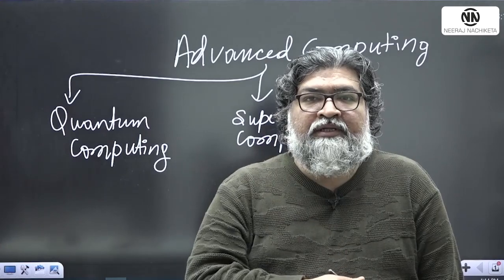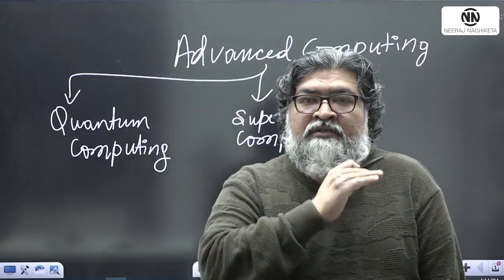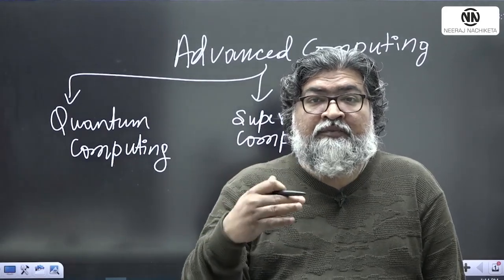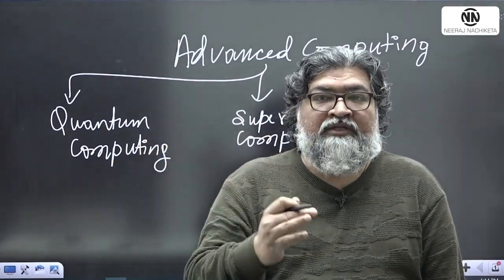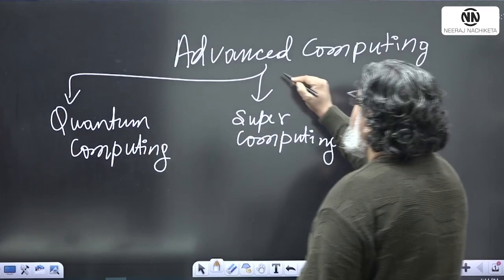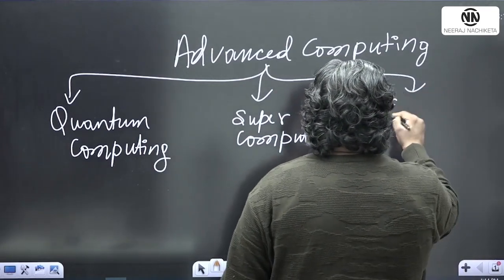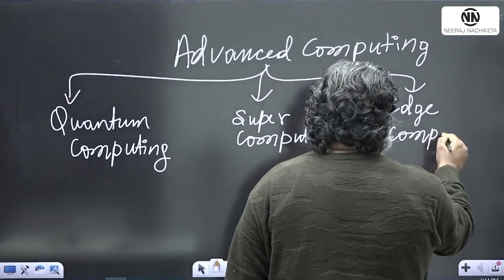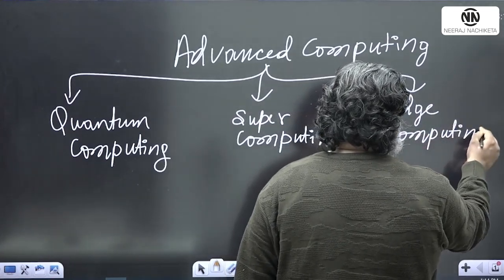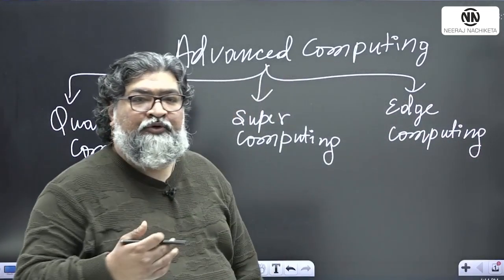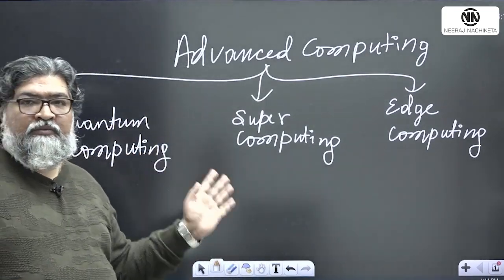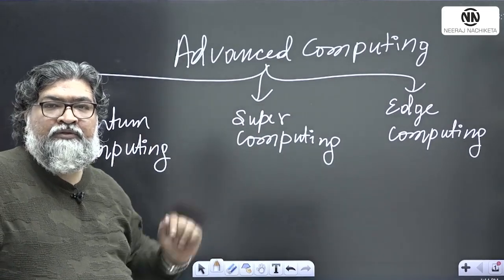The third very important area which I am going to cover in this session is a very emerging area connected with cloud computing, that is called edge computing. So these three areas: quantum computing, supercomputing and edge computing.